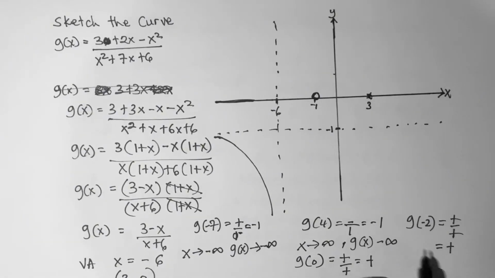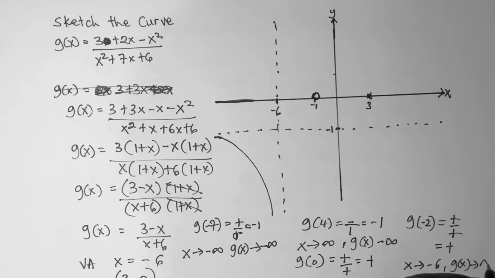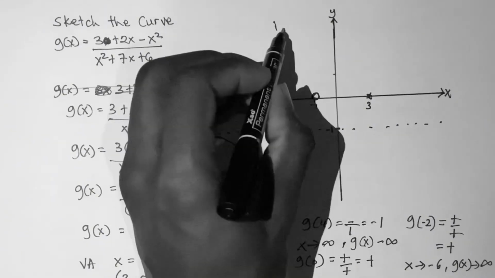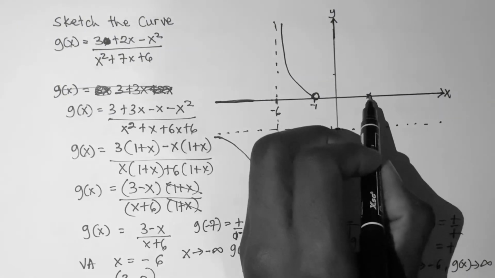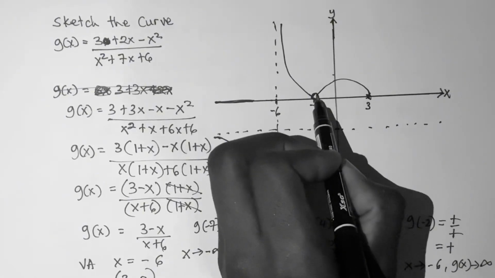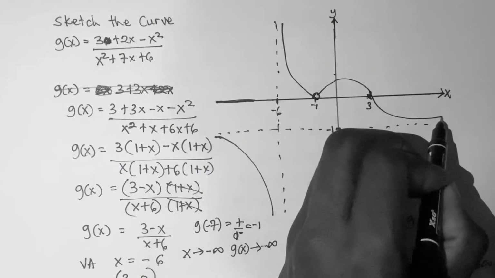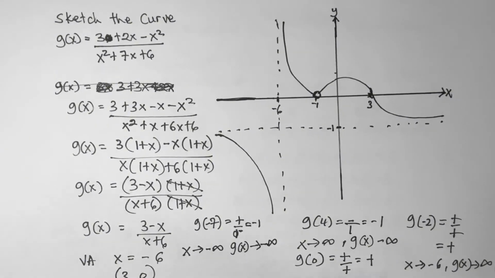This means that as x approaches minus 6, g of x approaches infinity. So the nature of the curve is going to look like this, then here look like this. But beyond 3, the graph goes to negative infinity. So this is the nature of the curve.